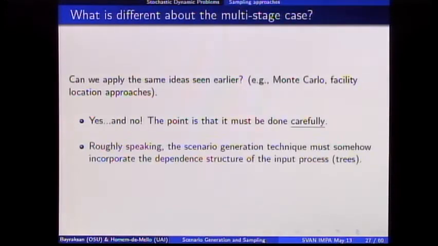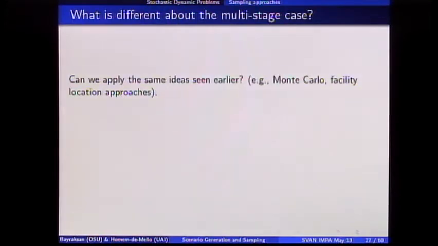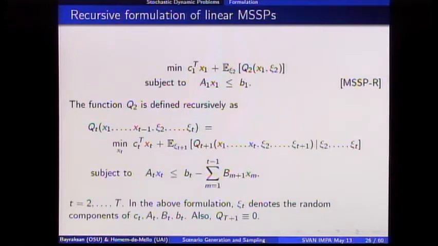So let's say, for example, suppose you want to do SAA in that problem. Remember, SAA was just to replace the expected value by taking samples and using a sample average. That's it. I look at this formulation here and say, I want to apply SAA to this. How would you apply SAA?